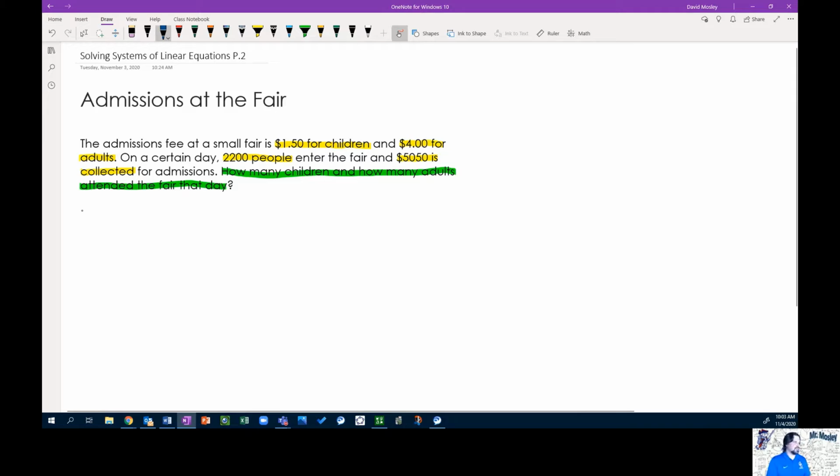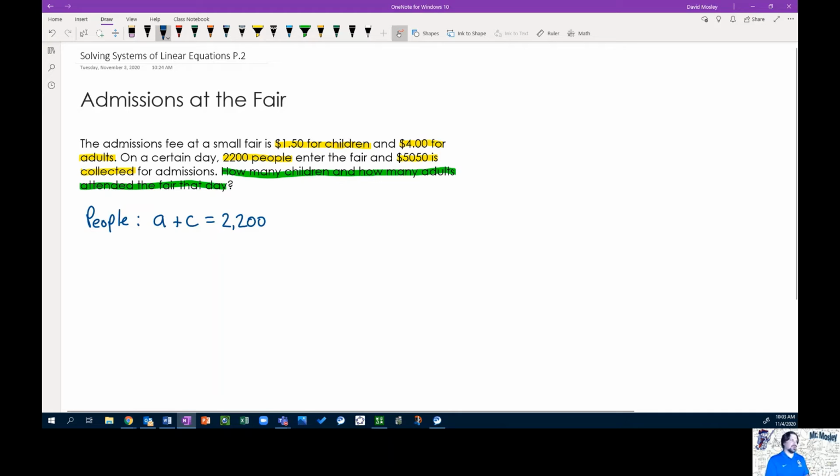The first equation is for attendance at the fair, the people who went to the fair. That equation is adults plus children equals 2,200.